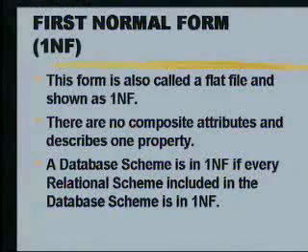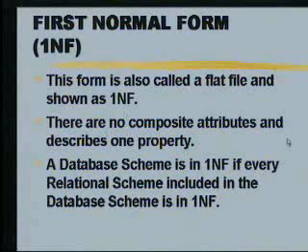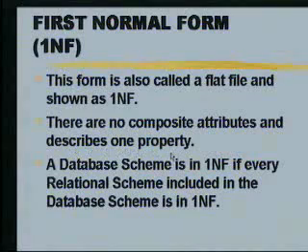In that particular category, the first definition is first normal form. The first normal form is also called a flat file and is shown as 1NF. There are no composite attributes and it describes one property. What do I mean by this? The basic thing is that all attributes are single attributes.